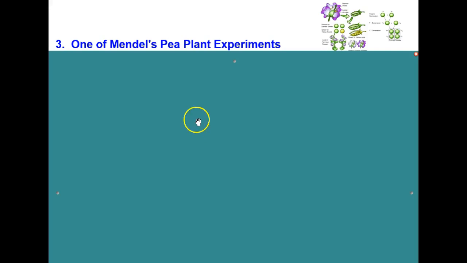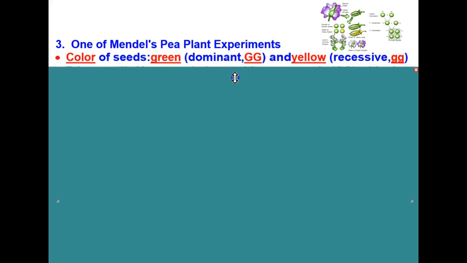Mendel looked at many traits in pea plants, including flower color and the color of seeds, whether the seeds were wrinkled or smooth. For our example here, we're going to talk about the color of seeds. What he figured out was that pea seeds that are green are the dominant color. So to be homozygous dominant means the pea seeds are capital G for green.